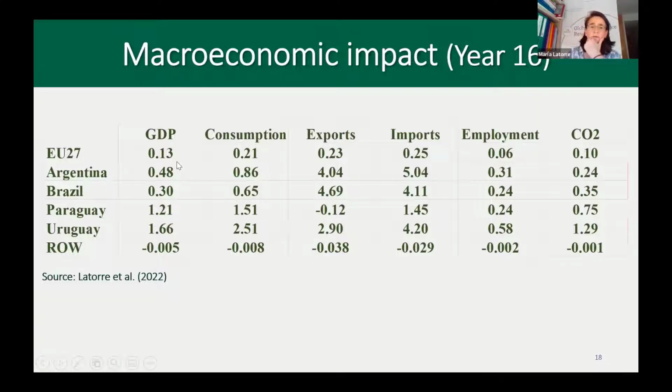For Europe, for example, I believe this is the strongest positive impact that we've seen in the literature, precisely because we include many components of the agreement that have not always been considered. And then we derive a very positive impact also for Argentina, Brazil, Paraguay, and Uruguay. And of course, there is an increase in employment after these big expansions in the economy.